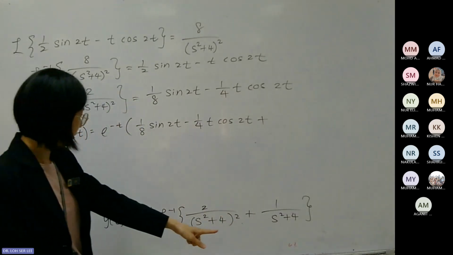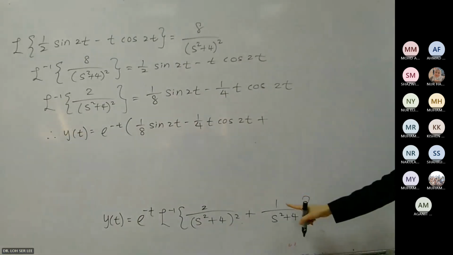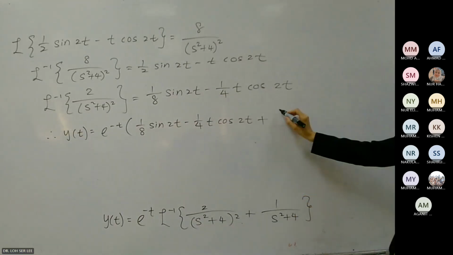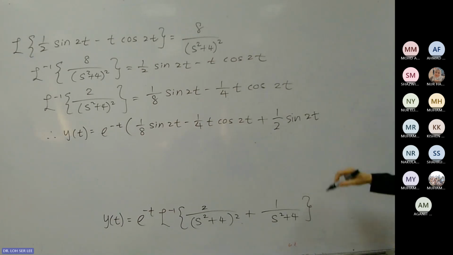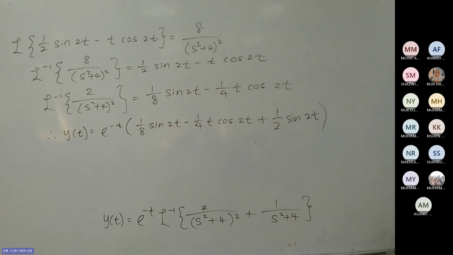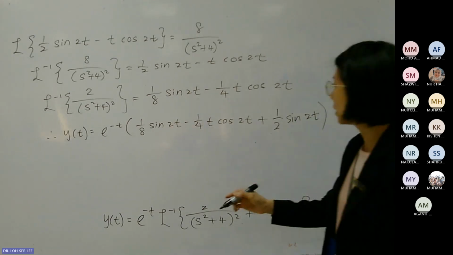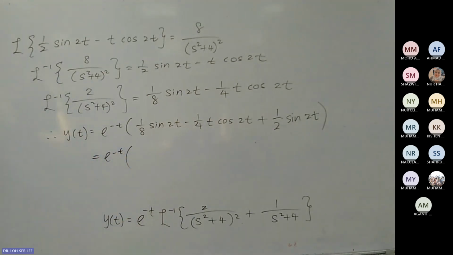So the inverse Laplace of this one, you need a 2, so you divide the 2 outside. This is sine 2t. And the sine 2t terms, you can combine into one. So 1 over 8 plus 1 over 2.